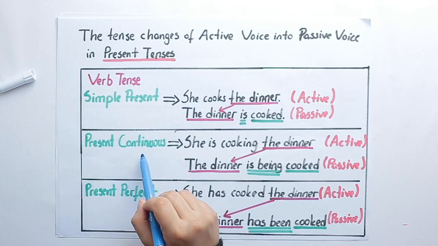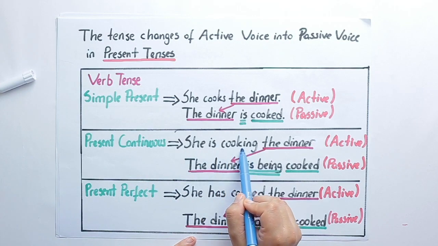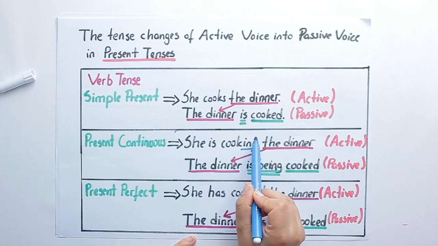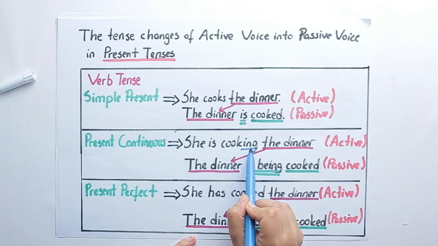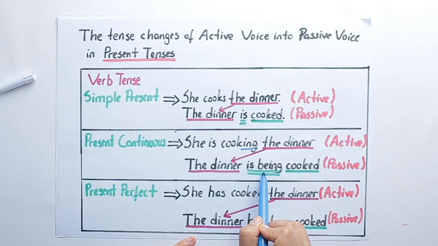Present continuous. She is cooking the dinner. There's an ing part here, right? So I should put this ing to the verb to be.